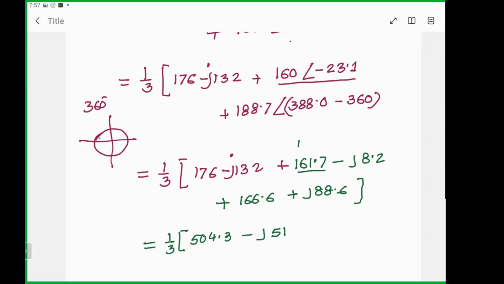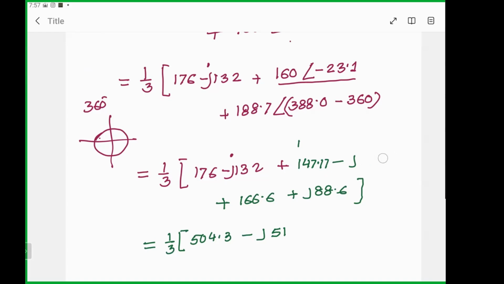I got 147.14 and negative J 62.85. 147.14 and then minus J 62.85 is what I calculated.